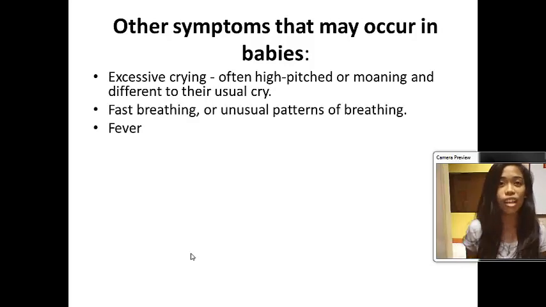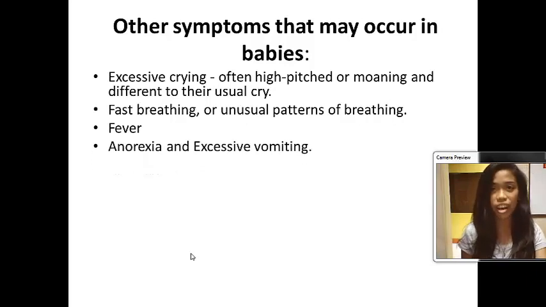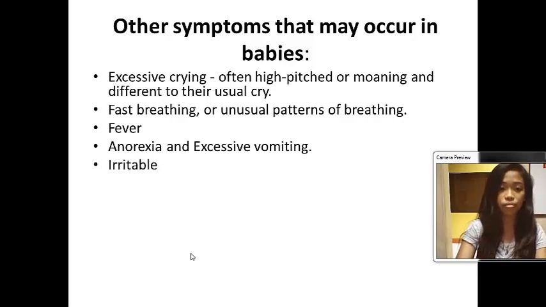You can also see that the baby's breathing is fast and unusual. The baby also experiences fever because of the immunologic response inside the body, then anorexia and excessive vomiting.